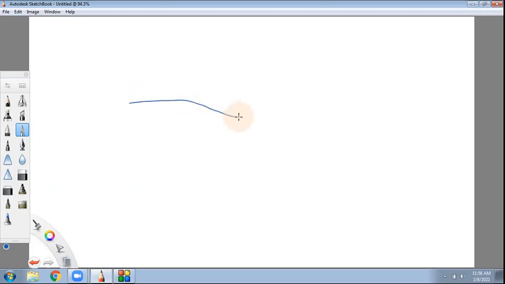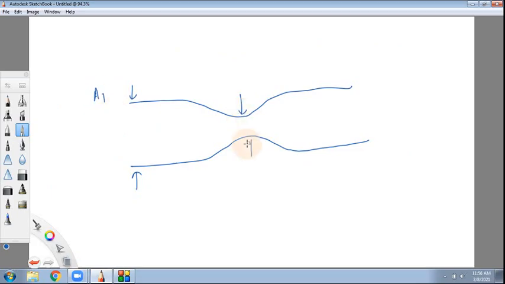So this is the Venturi meter. The area of cross section here I have taken as A1, and the area of cross section here is A2. A1 is more than A2. So by continuity, V1 is less than V2, if I call the speed here V1 and the speed here V2.